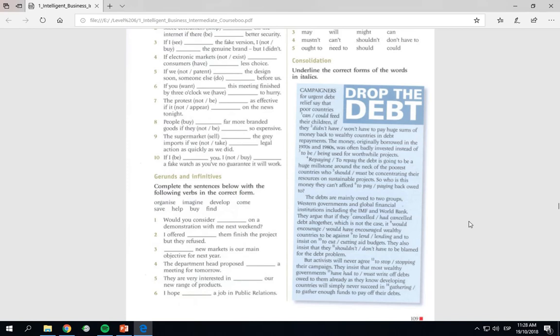But activists will never agree to stop their campaign. They insist that most wealthy governments have had to write off debts owed to them already, as they know developing countries will simply never succeed in gathering enough funds to pay off their debts. This clearly is related to debt relief.